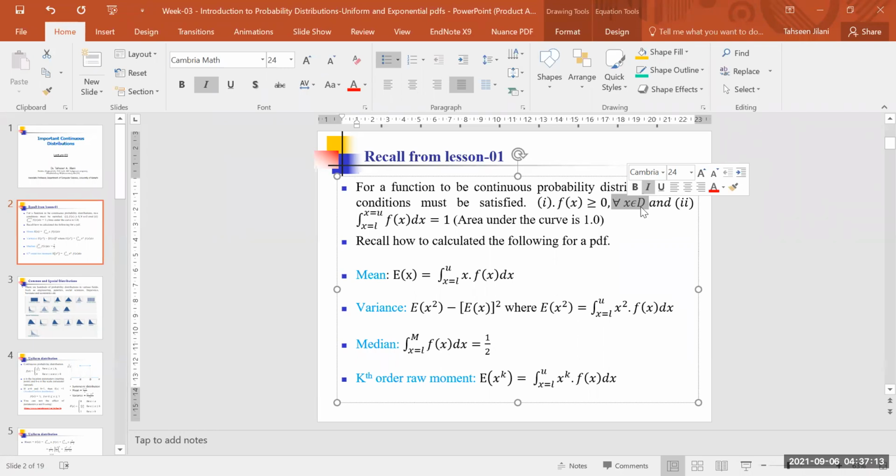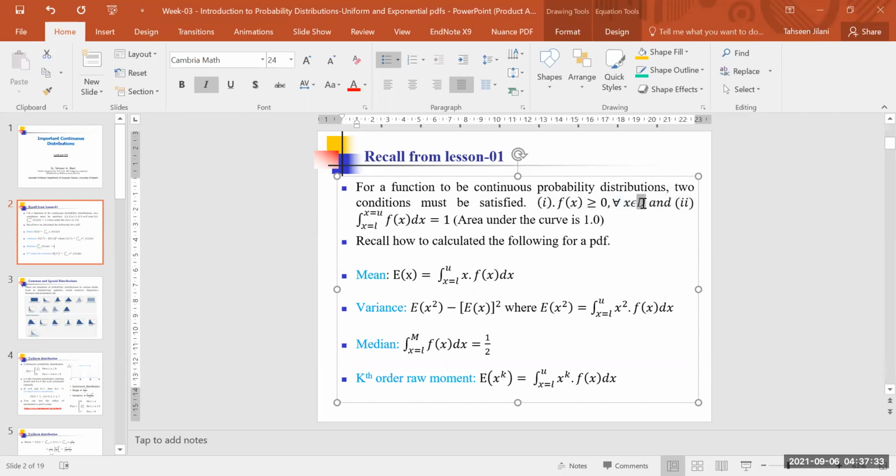In some functions, you will study, for example, x from 1 to 3, so the domain is the set of all values from 1 up to 3. This is for all x that belongs to the given domain.